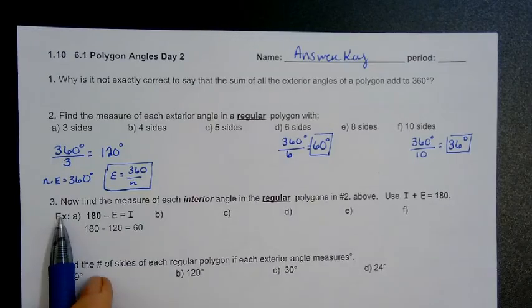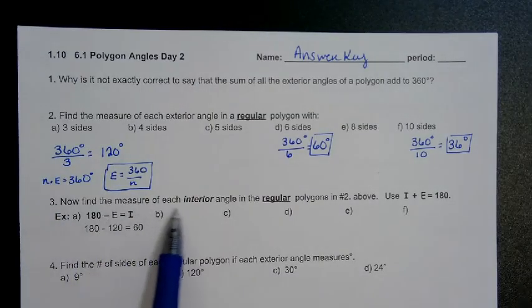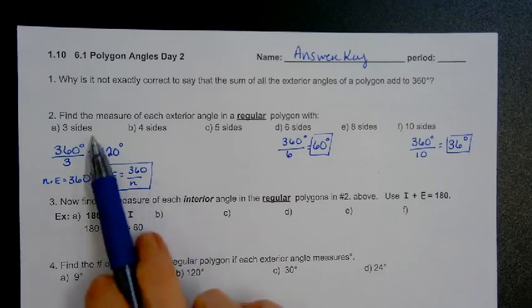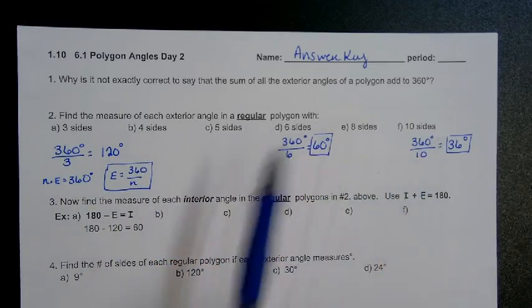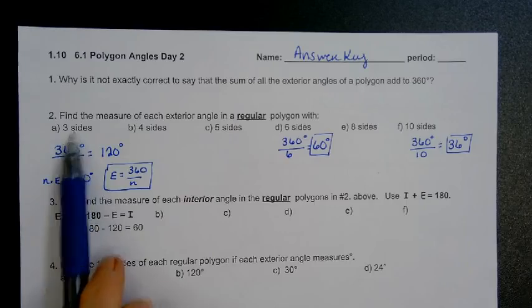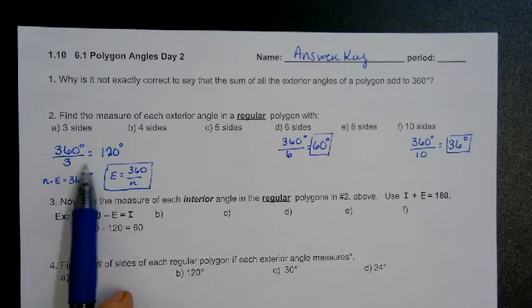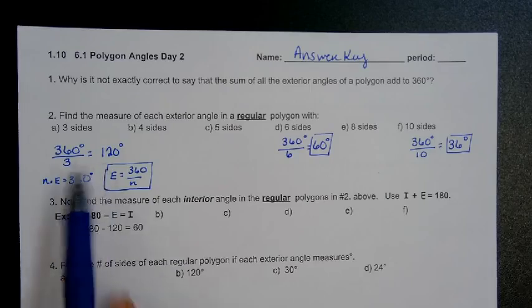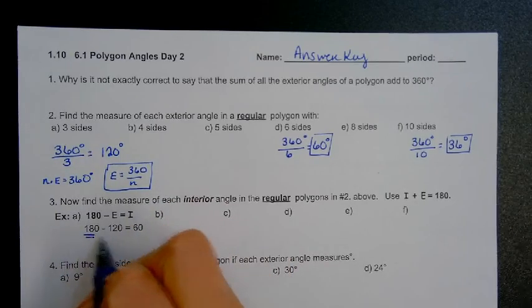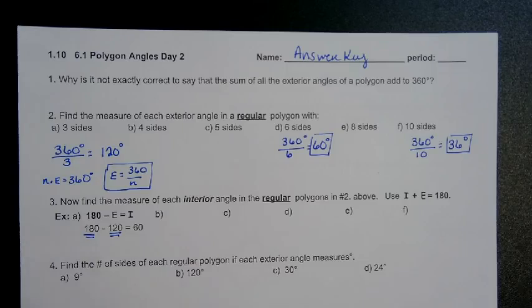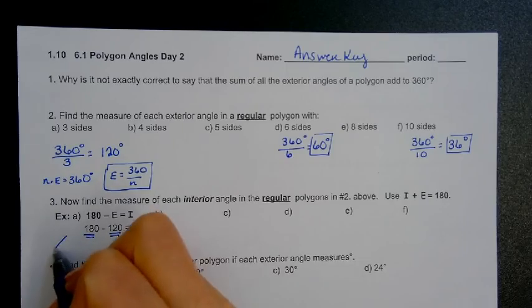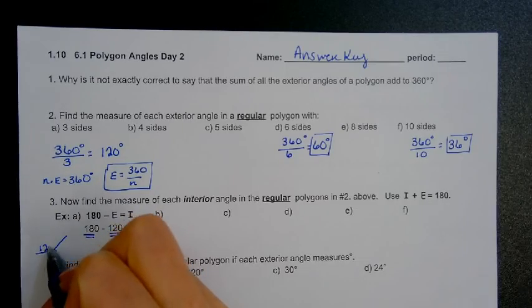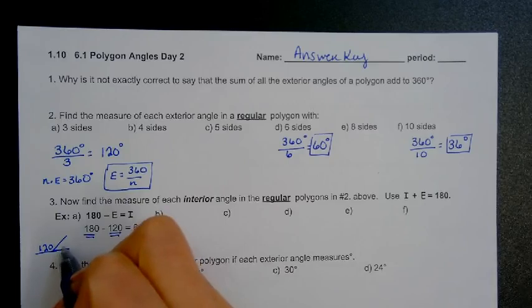Okay, now in number 3, we're going to find the measure of each interior angle in all these regular polygons. So if we have a regular polygon with 3 sides, and the exterior angle is 120, then the interior angle is going to be 180 minus 120.